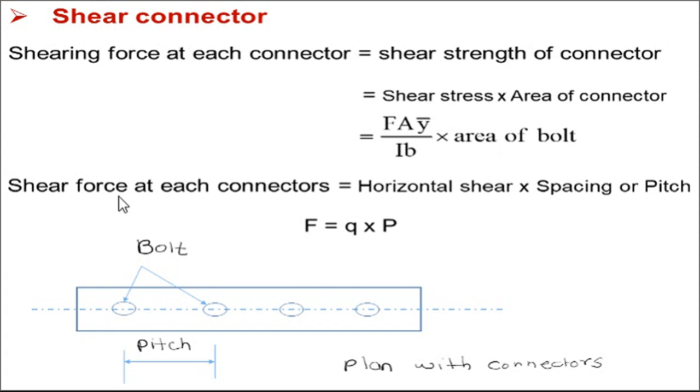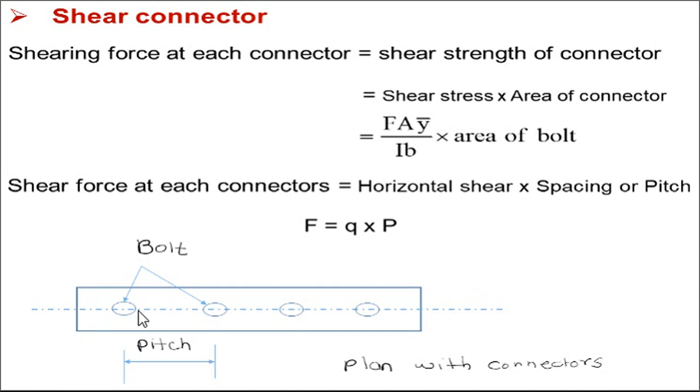After that, the shear force at each connector can be determined by using the horizontal shear per unit length, also called shear flow, multiplied by the spacing. Spacing is also called the pitch.